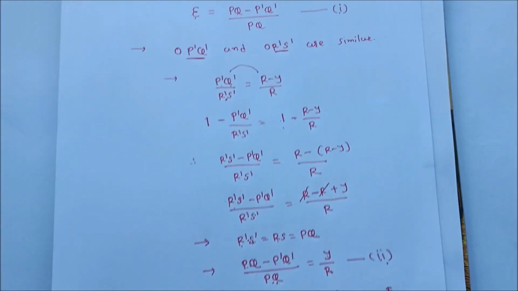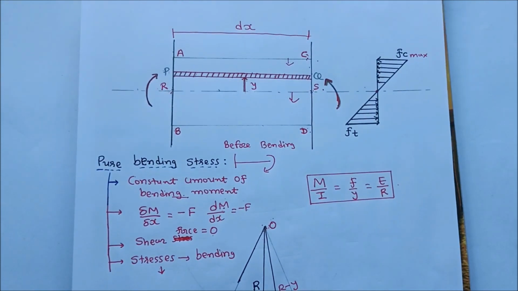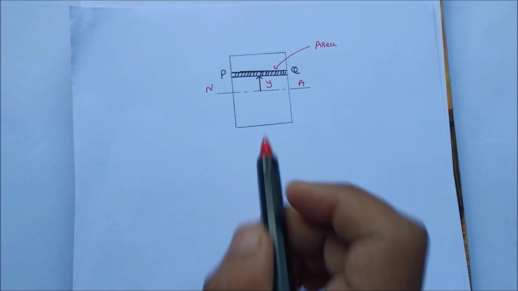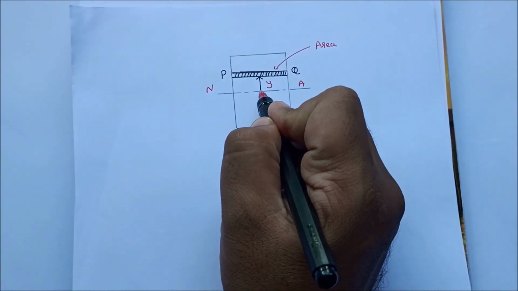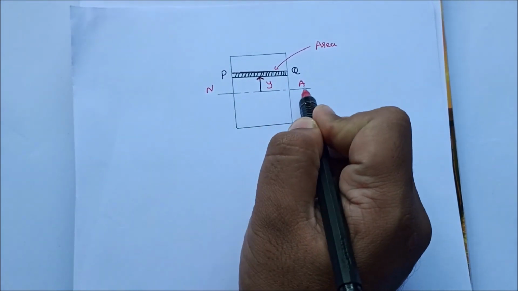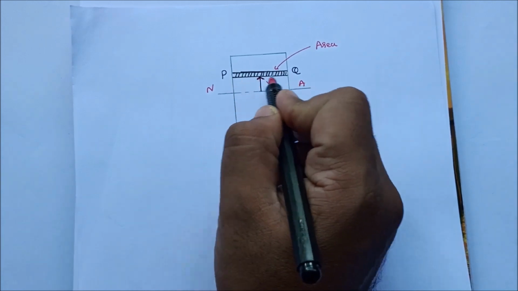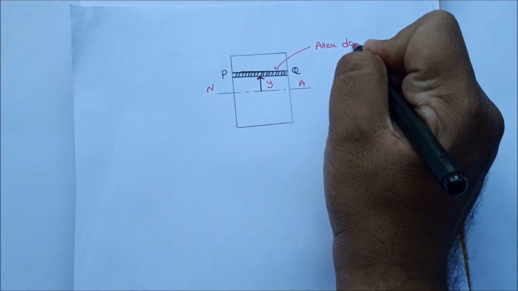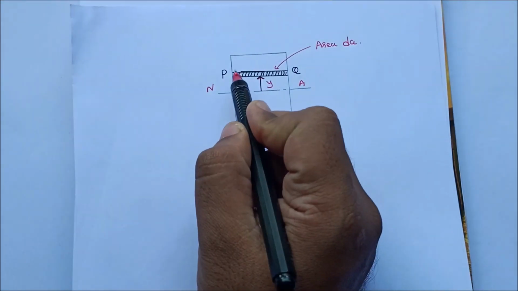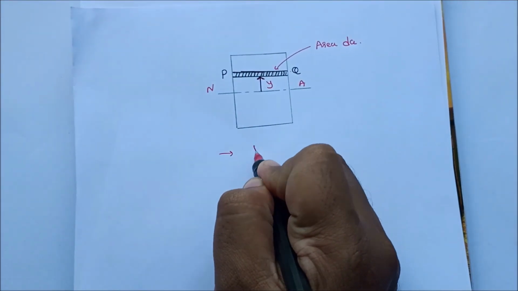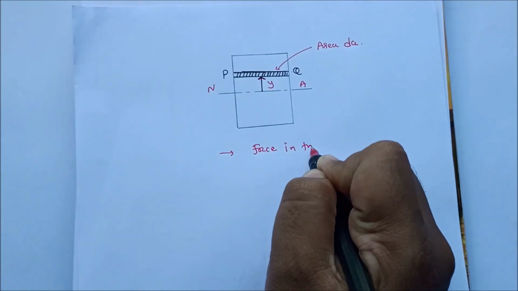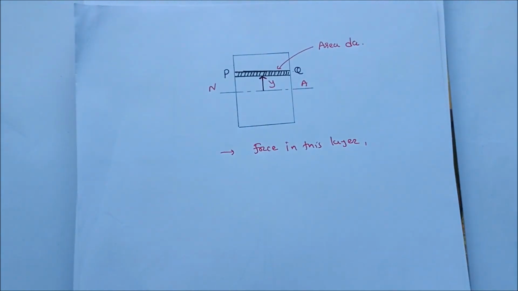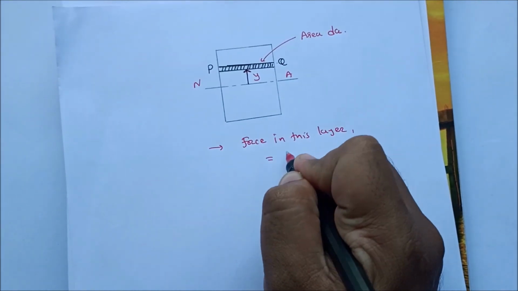Now we draw a section of this beam and consider layer PQ at a distance y from the neutral axis. This is a very small layer, so the area of this PQ layer, for example, is dA. Now we find the force on this layer. So force in this layer is stress multiplied by area.